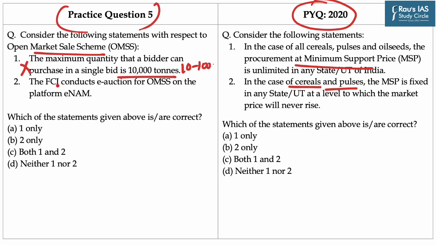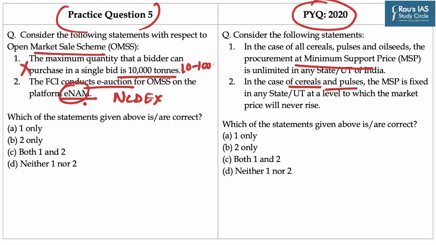Statement 2. The FCI conducts e-auction for OMSS on the platform eNAM. Now, for transparency in the operation, the Food Corporation of India has switched over to e-auction for sale under OMSS scheme. The FCI conducts a weekly auction under this scheme and uses a platform of commodity exchange called NCDEX or National Commodity and Derivative Exchange Limited.